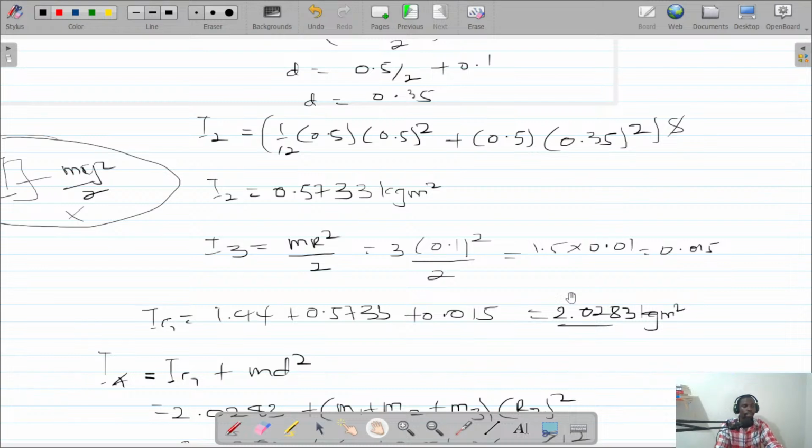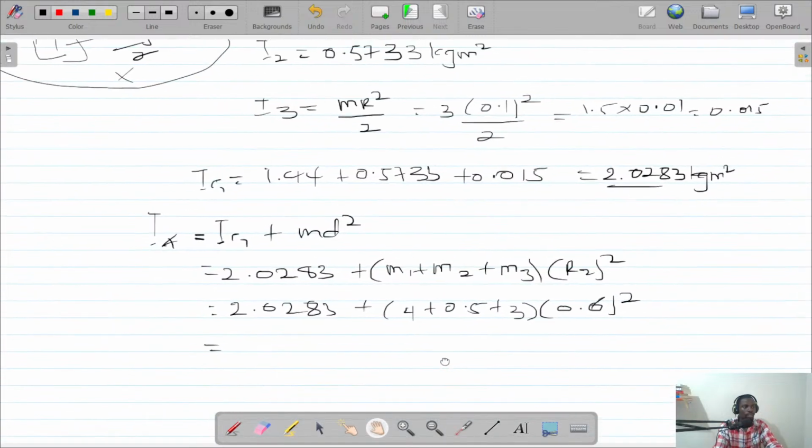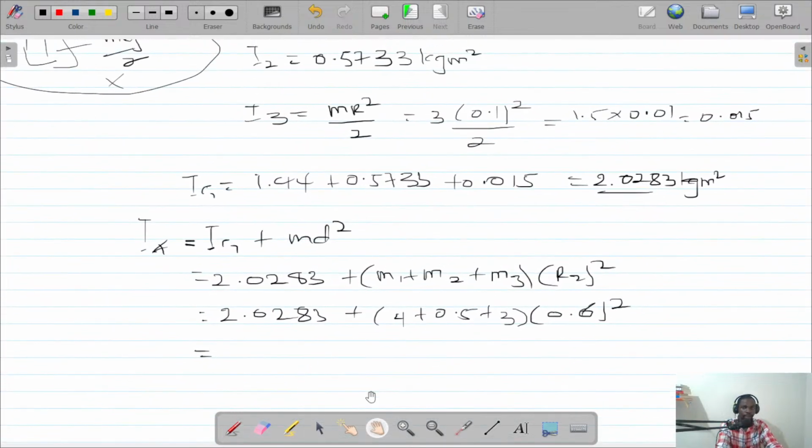Yeah, exactly. So this is what we have now. We have 2.0283 plus 4 plus 0.5 plus 3 multiplying 0.6 squared. So I at A will give us 4.7283 kilogram meter squared.